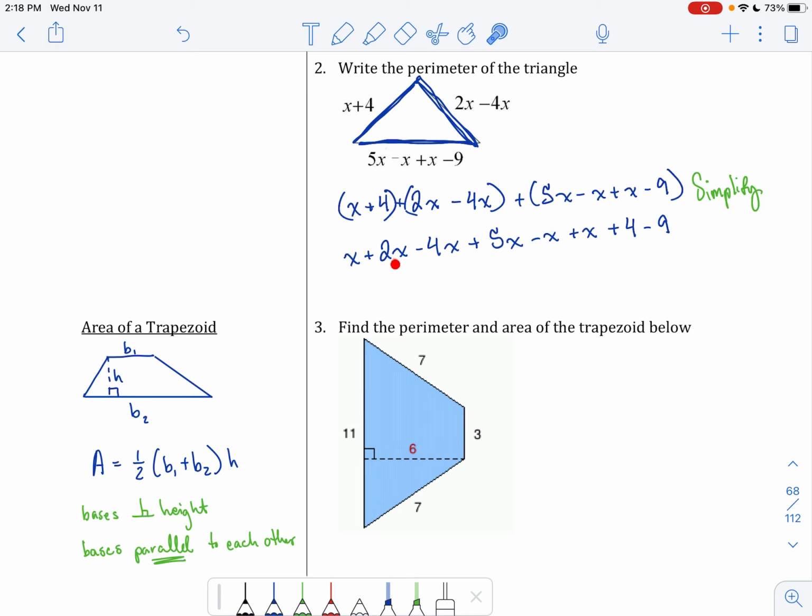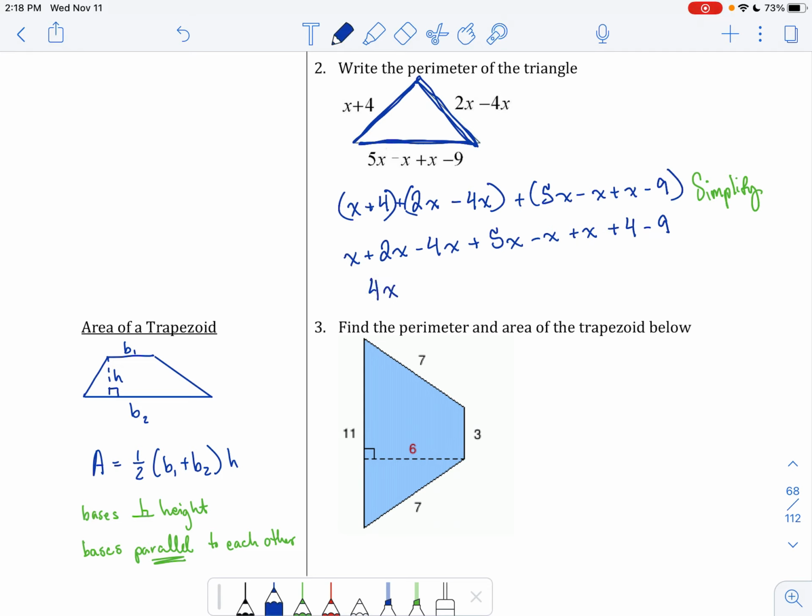1 plus 2 is 3. 3 minus 4 is -1. -1 plus 5 is 4. Minus 1 is 3, plus 1 is back to 4.